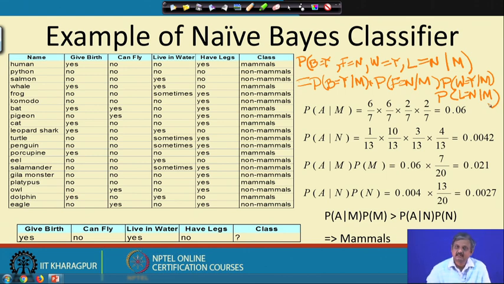Note that we can write this only when these attributes are independent. But if we can write it this way, then definitely there is an advantage. Okay. So, what is the advantage?